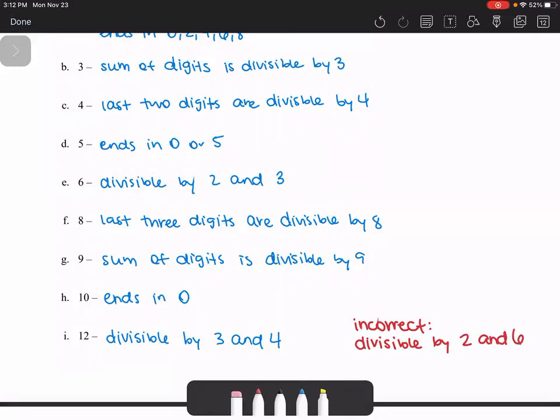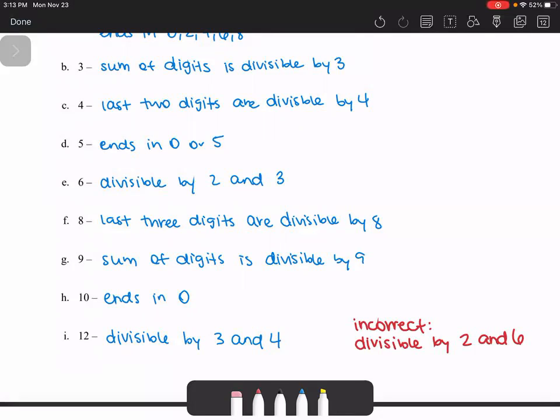I'm going to briefly explain why that's incorrect. You can always think of divisibility in terms of multiples. A number is divisible by 6 if it's a multiple of 6, and multiples of 6 are always even, right? If you think about the multiples of 6: 6, 12, 18, 24, 30, 36, 42, and so on, all of them are even. So a number that's divisible by 6 is always divisible by 2.